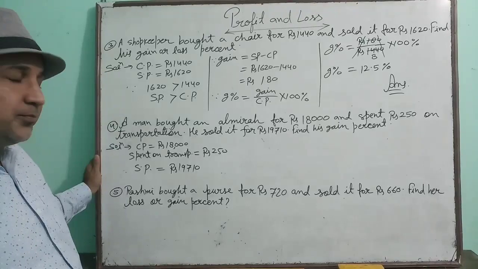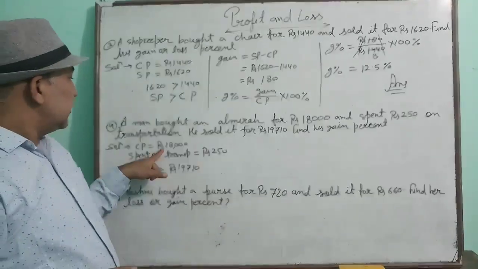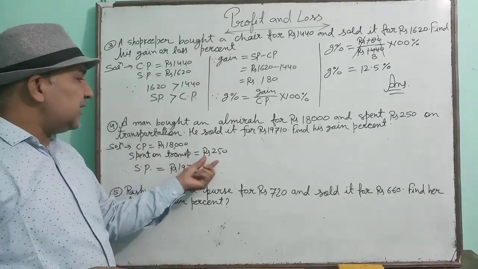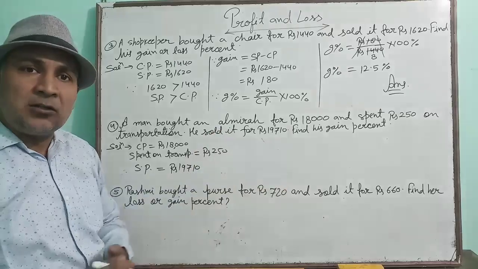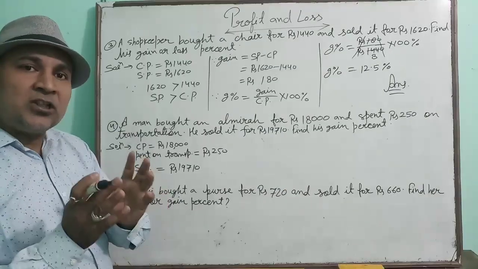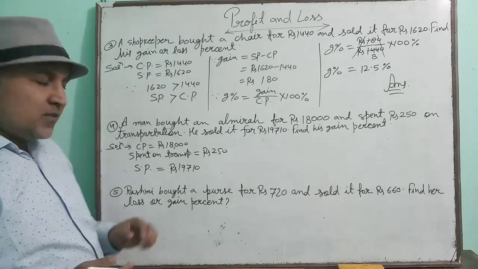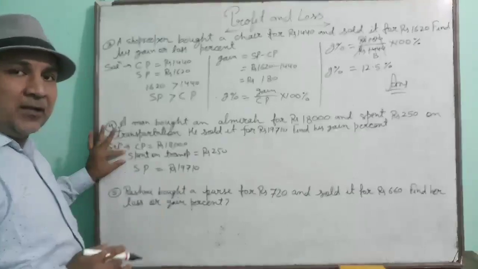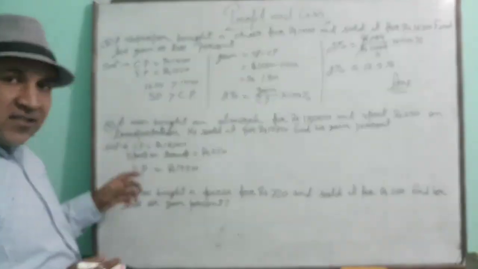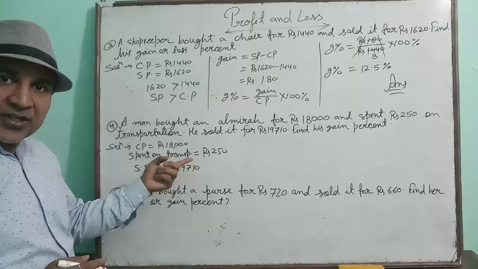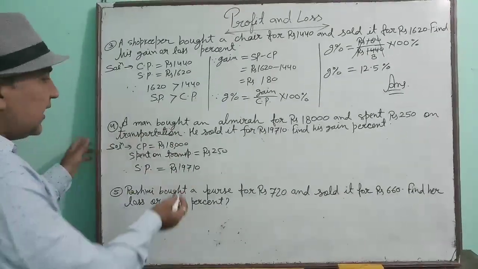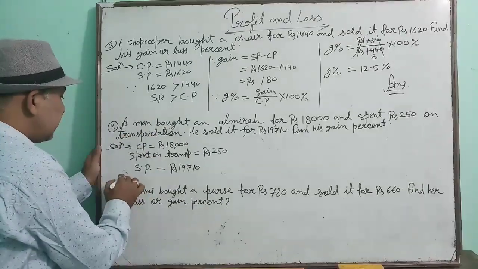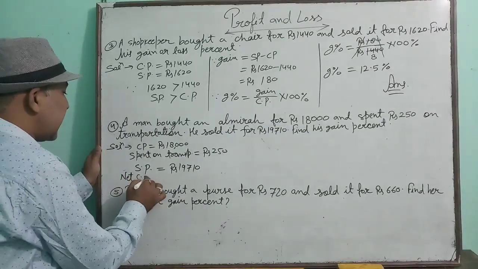Now wait children. The almirah is bought for 18,000 rupees and then 250 rupees is also spent. Then what is the real cost? When after the cost price something is also spent on that, either for accessories or for transportation or for repairing, then that extra money is added to the cost price and then we find the net cost price.